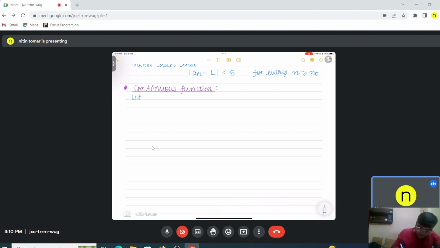So let A be a subset of R and f is a function defined on A and is real valued, which means the values of f are in the real numbers.